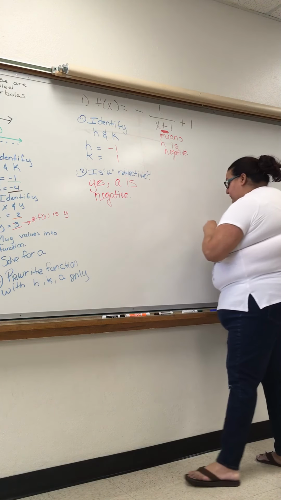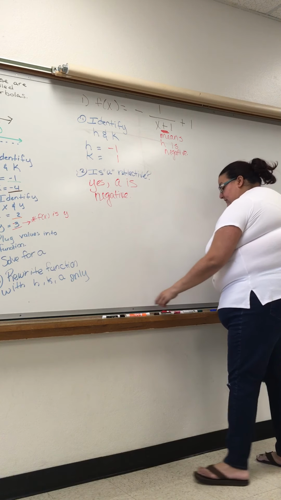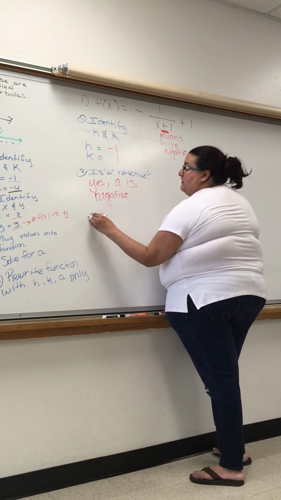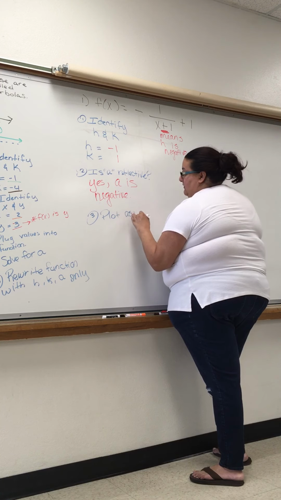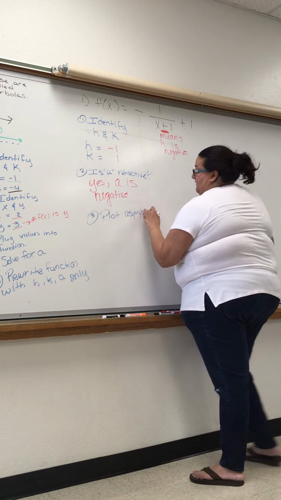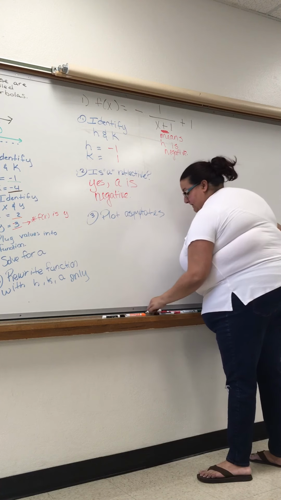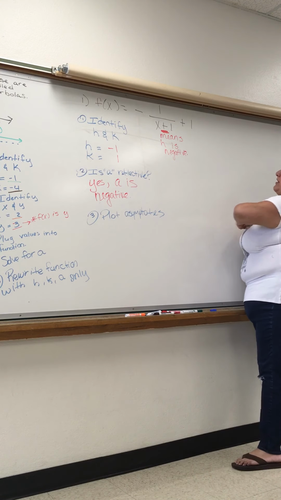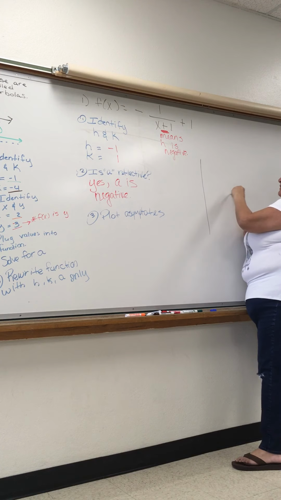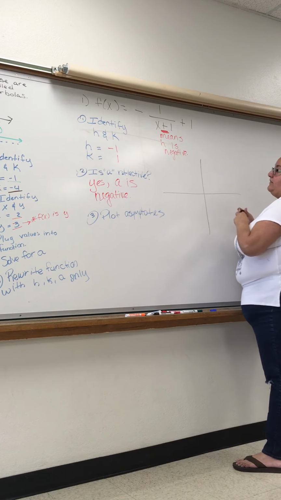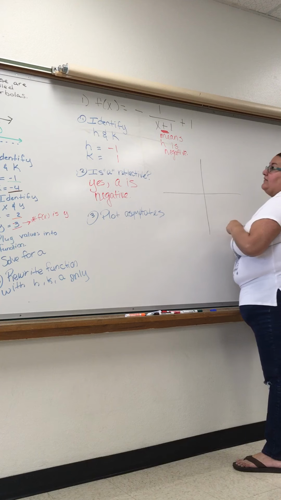Okay, so step 3, plot your asymptotes. Let's go ahead and plot our asymptotes. The first one is negative 1, 1.